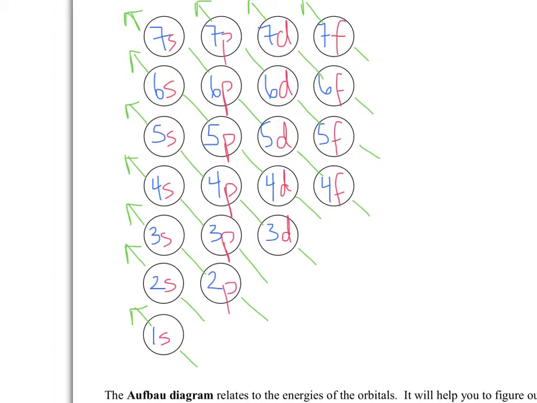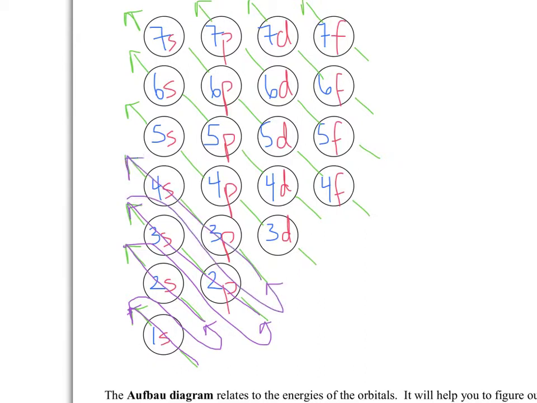If we follow the arrows, it'll tell us the order by going through and then getting to the tip of the arrow. And when you get to the tip of the arrow, you then go to the bottom of the next arrow, and you go through that arrow. Get to the tip, bottom of the next one, through that arrow, and so on.